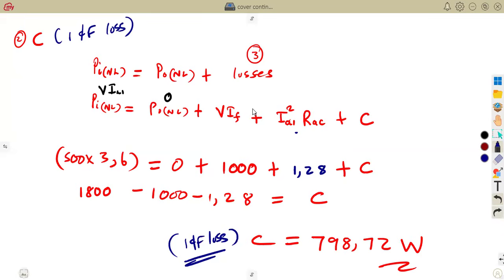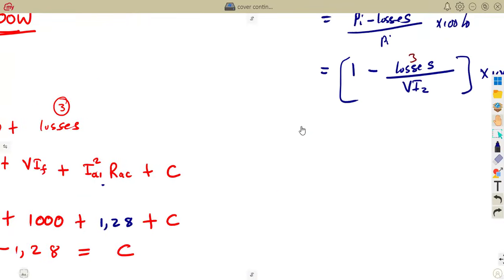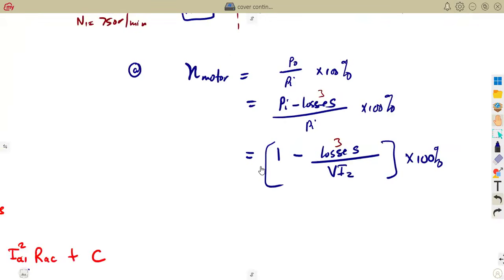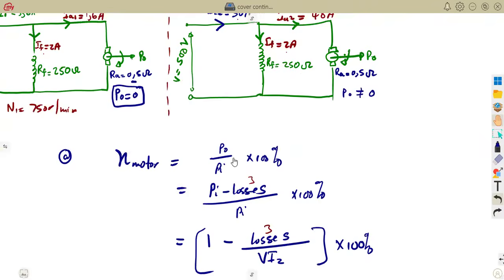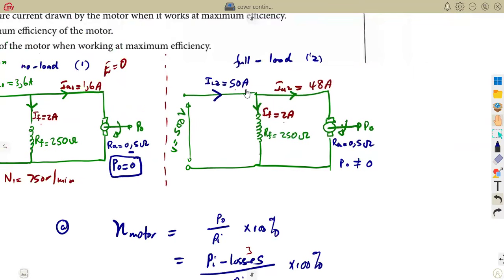At no load. But in our calculations of this efficiency, it is needed at full load, at this current that's at full load. So meaning to say, even the armature copper loss is supposed to be calculated from the armature current, which is at full load.